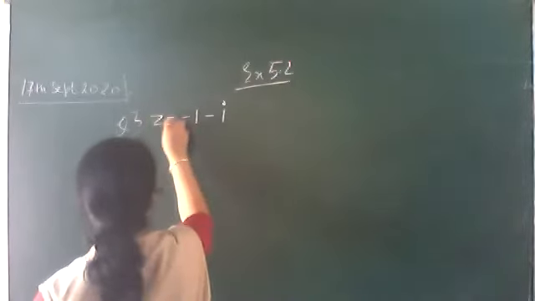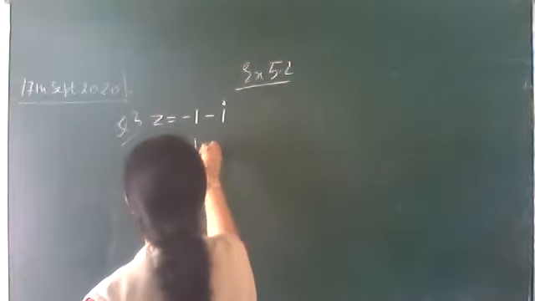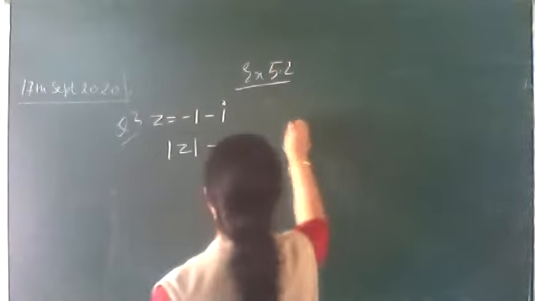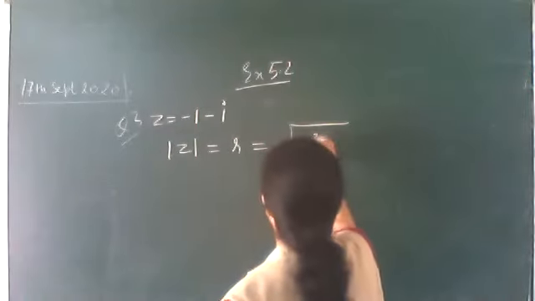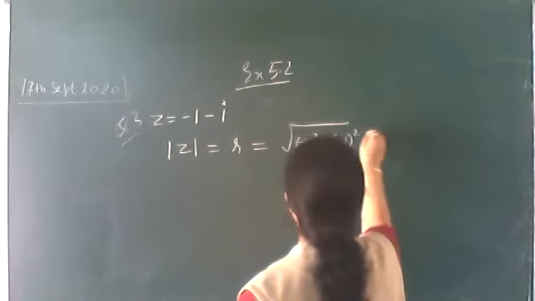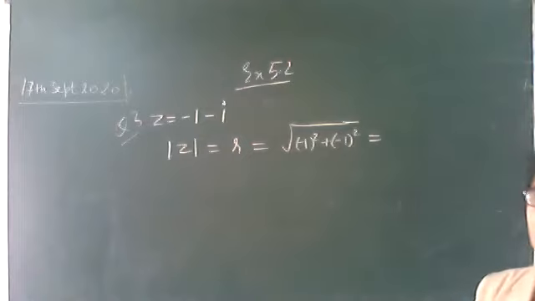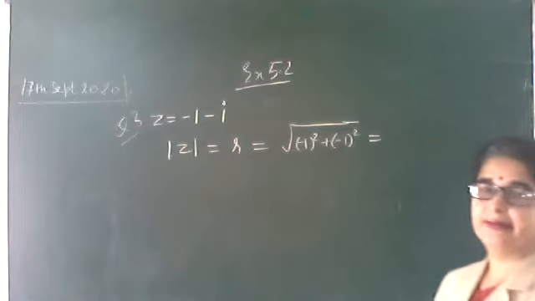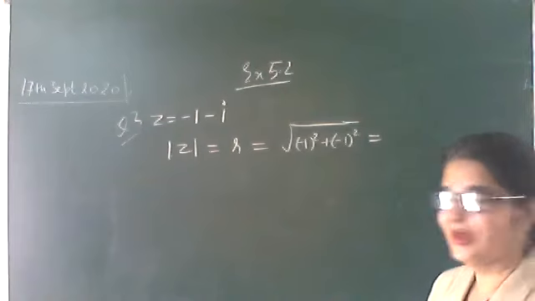So your next question is minus 1 minus iota. Your z is minus 1 minus iota. So tell me what is the value of modulus of z yourself. What is the value of modulus of z or the value of r? Root 2.